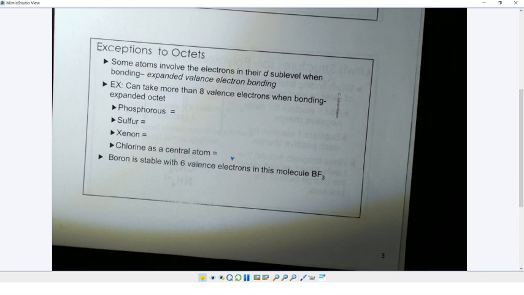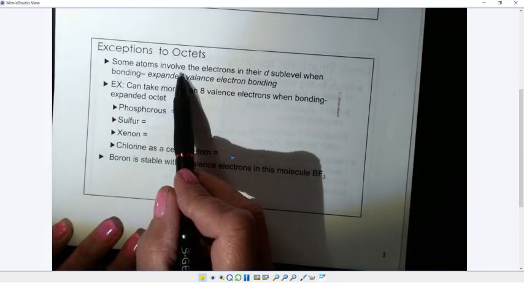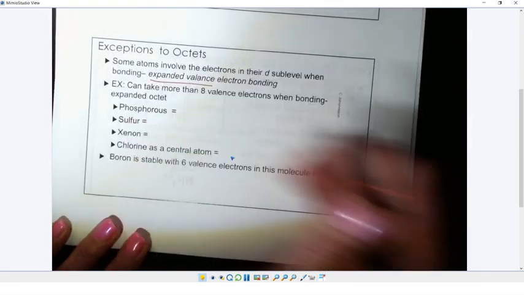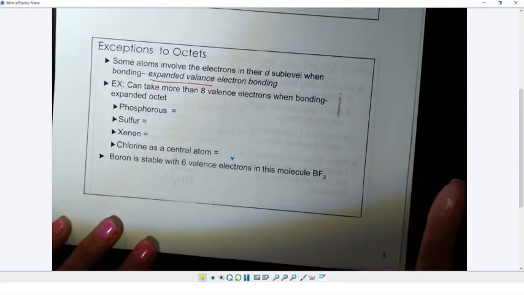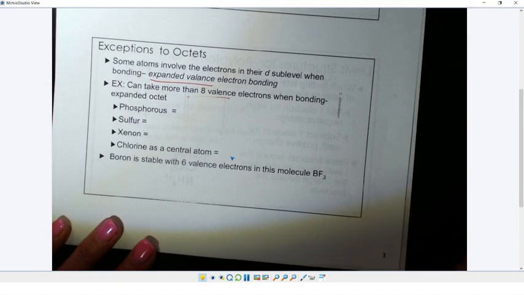Sometimes they take some electrons from the 3D level or from some of the core electrons, and they get involved in bonding. Some atoms involve the electrons in their d sublevel when bonding. We say they have expanded octets. They can take more than 8 valence electrons when bonding.